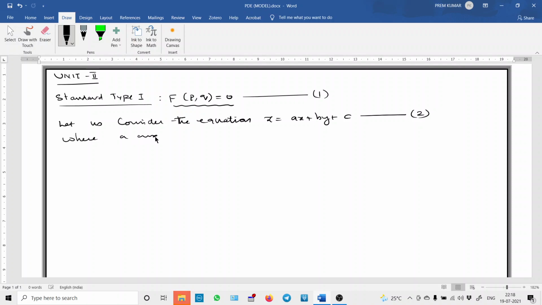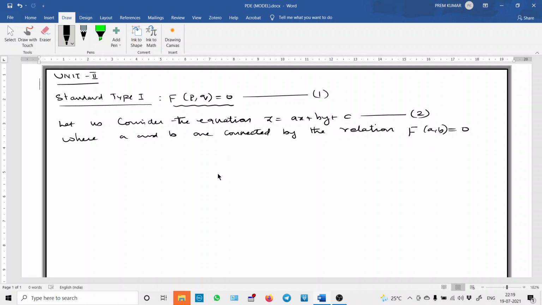A and B are connected by the relation, say capital F of A comma B equals 0.